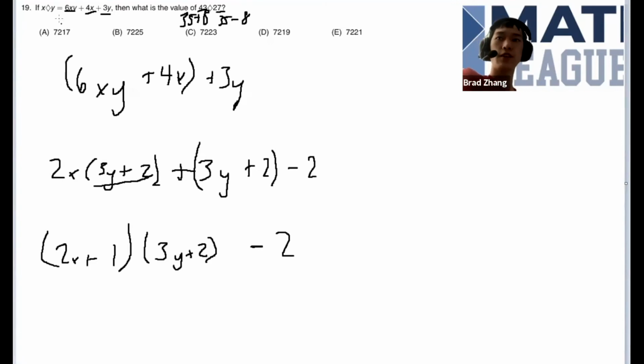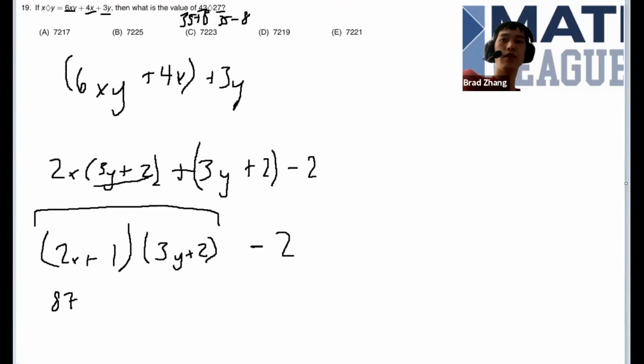Now, instead of doing a bunch of multiplications and additions, all we have to do is basically one multiplication and then subtract 2, which is pretty easy. You can do that by counting, right? So then what is this? We have 2 times x, which is 2 times 43. You can do that in your head. That's 86 plus 1, 87. Times 3y plus 2, you should know 3 times 27 off the top of your head.